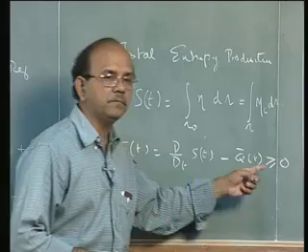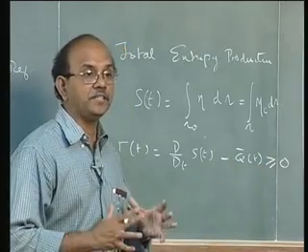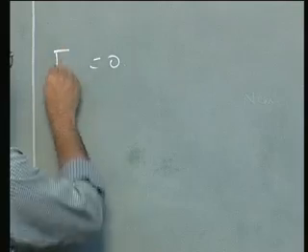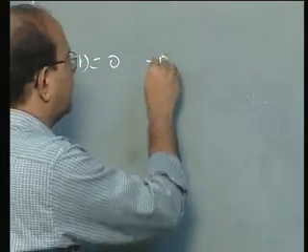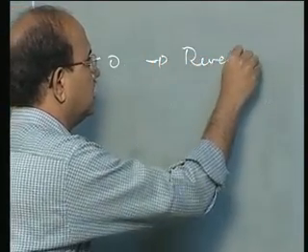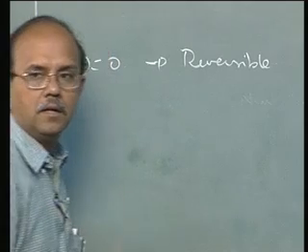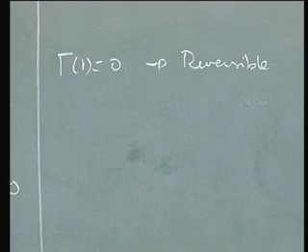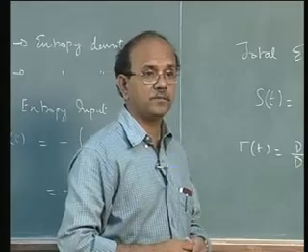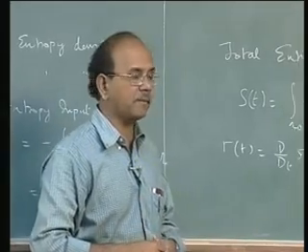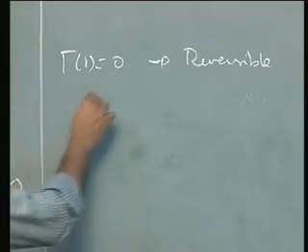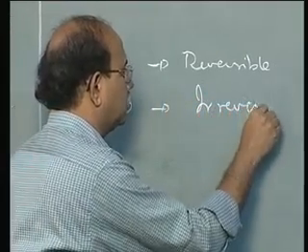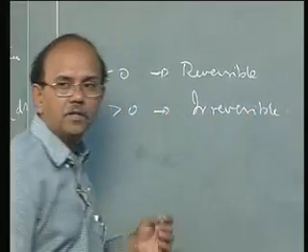So when does it become equal to 0? When this is equal to 0, then we call the process to be reversible. In other words, we talk about equilibrium thermodynamics or reversible thermodynamics. When the inequality holds, then we talk about irreversible process or irreversible thermodynamics.